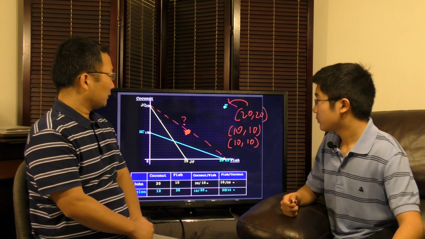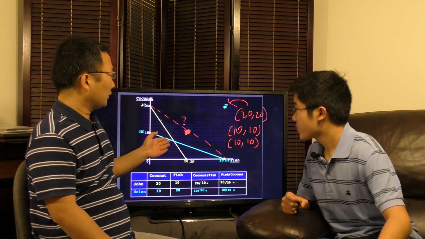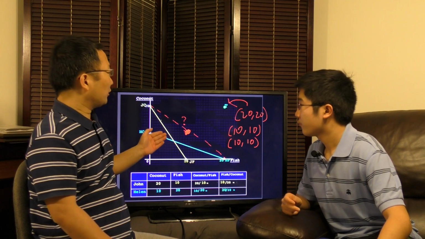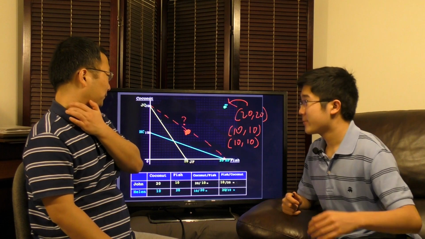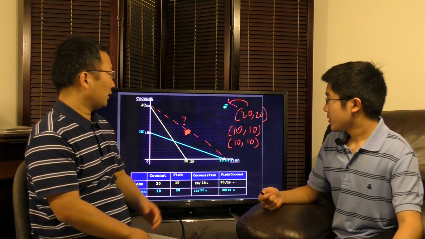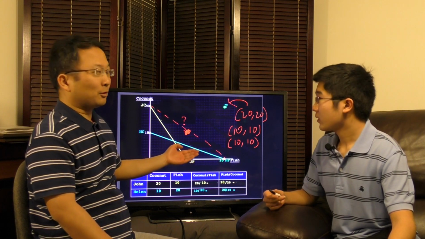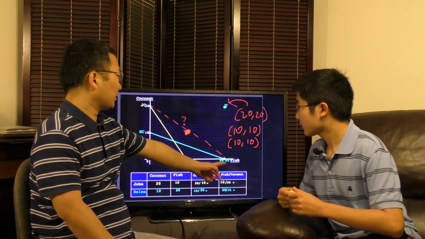So basically, that really means John and Helen implicitly by trade, their production curve actually moves outward. Trade is basically like economic growth driven by technology, for example, because in this case, John specializes on coconut, and Helen specializes on fish.